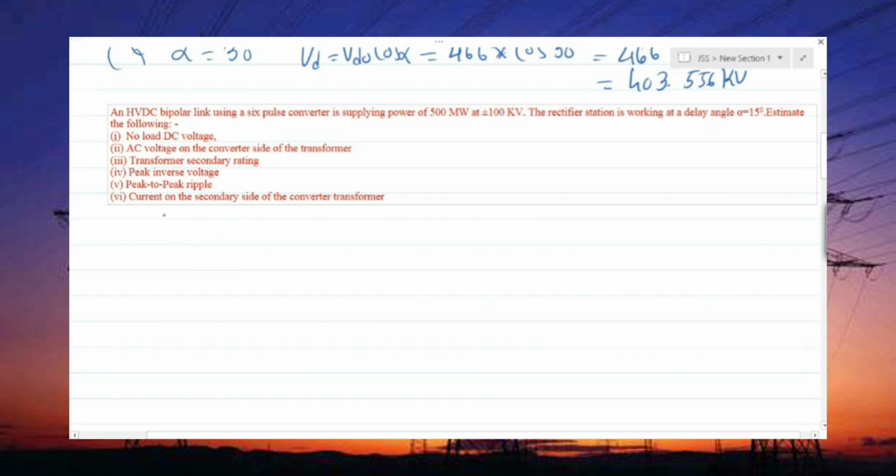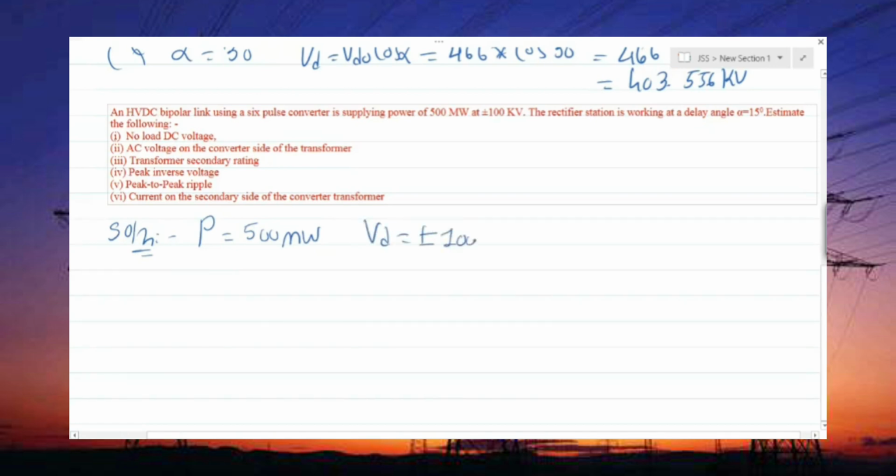So in this example, the power is given, it is 500 megawatt. And the DC voltage is plus or minus 100 kV.